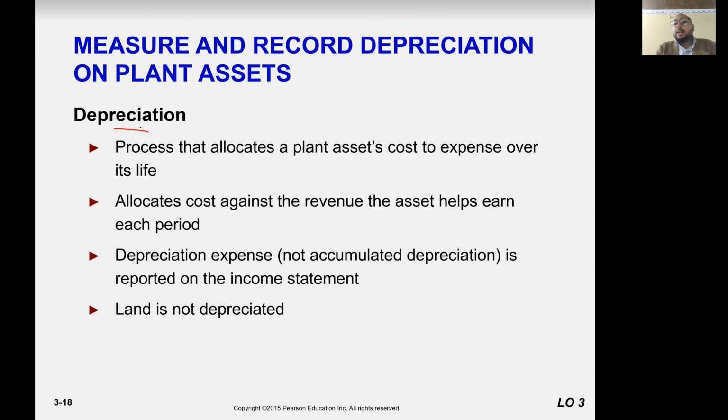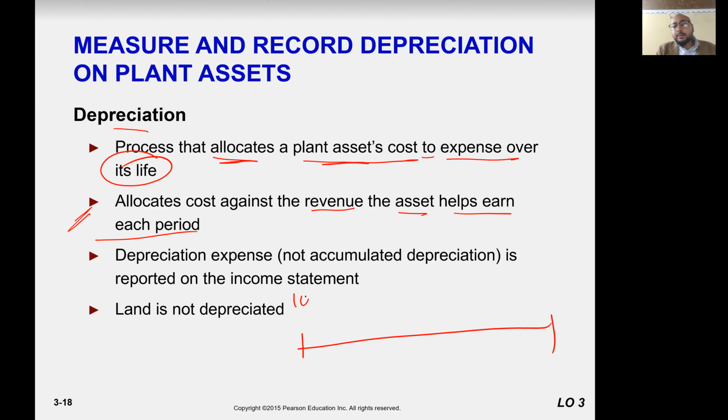All right, so it allocates cost against the revenue the asset helps earn each period. So simple, in 1 year this much. For example, you buy an asset, the cost price is 100,000, and the useful life is 5 years.